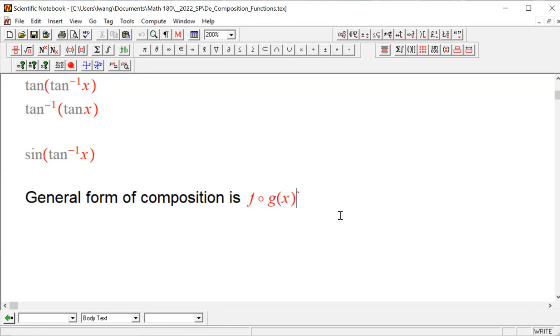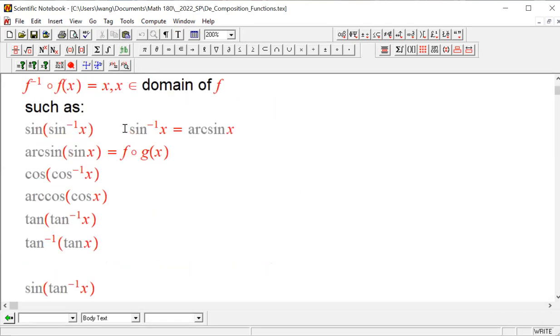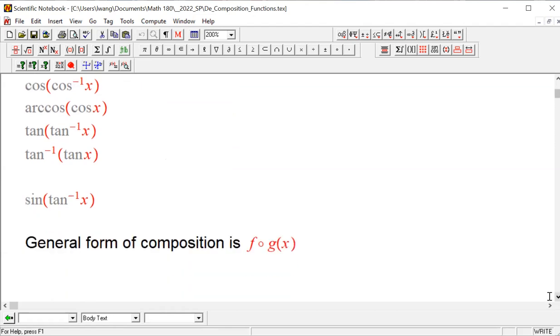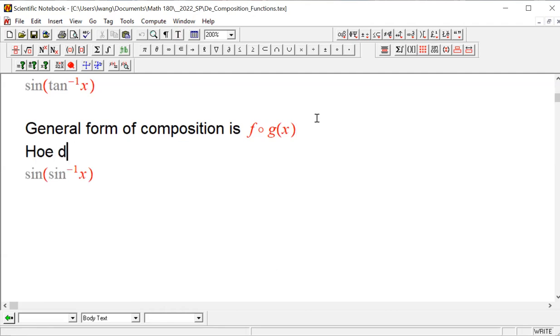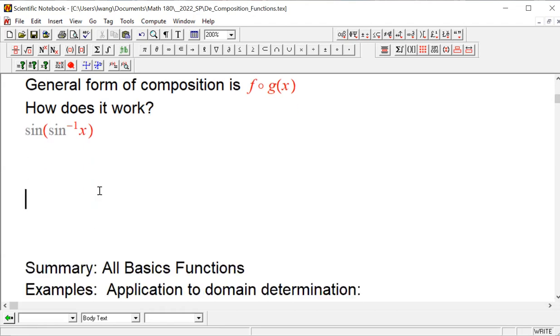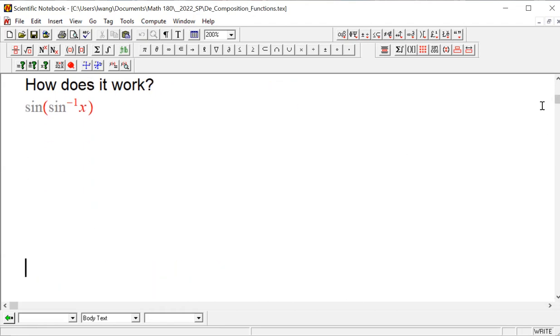And how does it work? In our previous example, take the example of sine of arcsine. How does it work? There's a flow for this process.